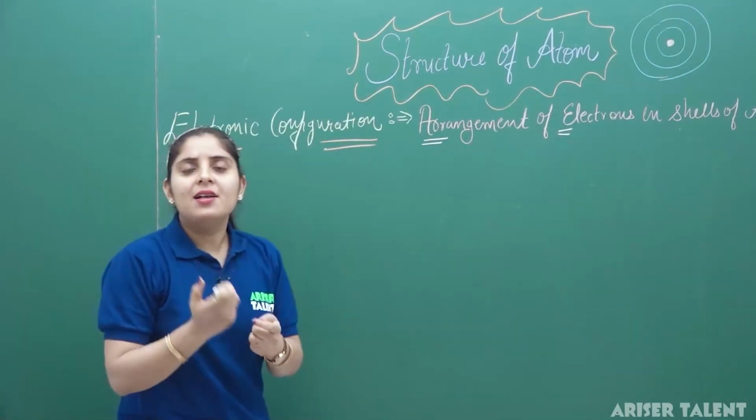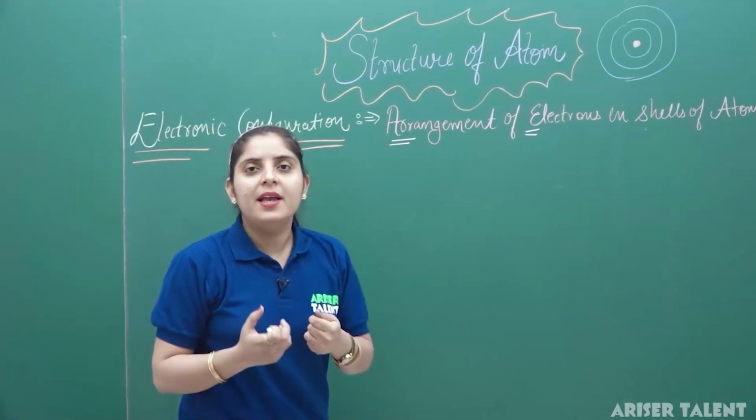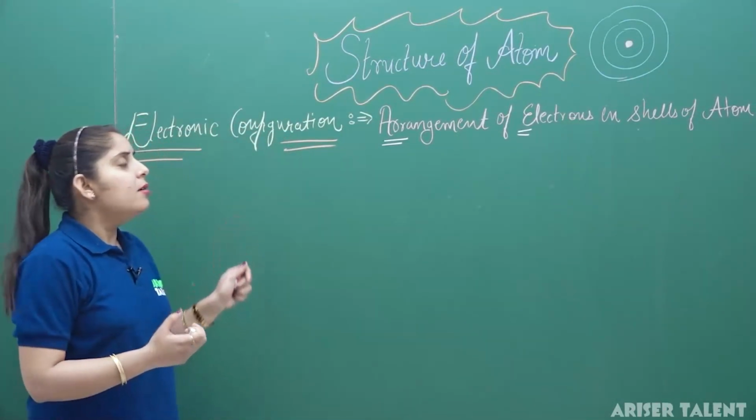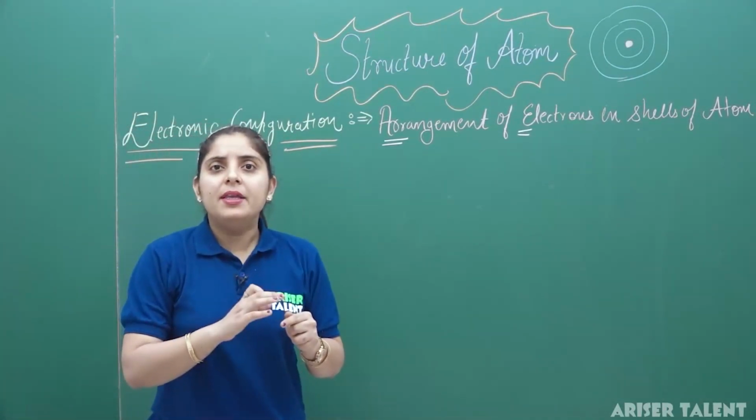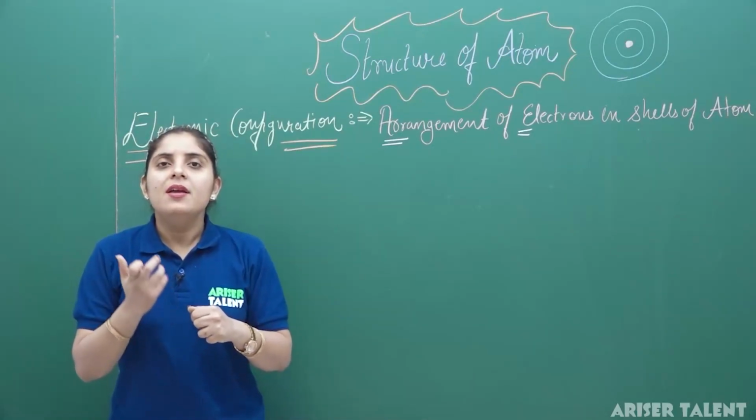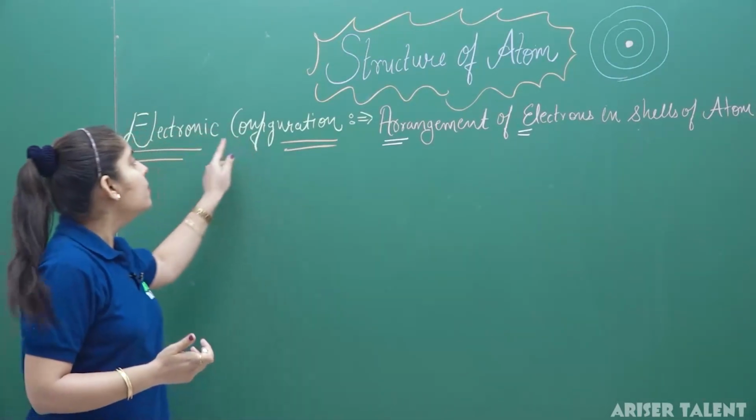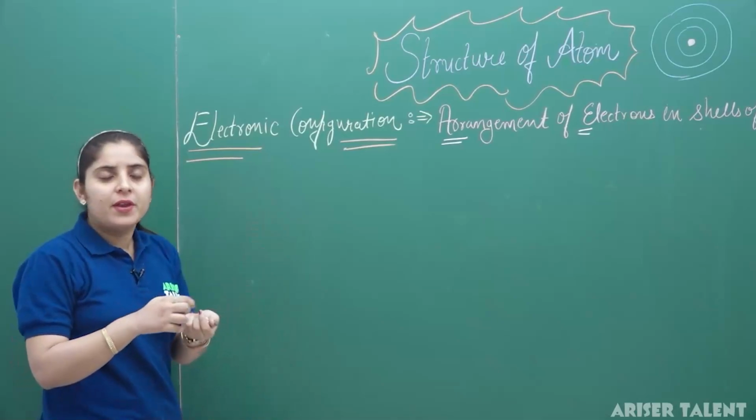Finally, Bohr's model is adopted as a standard model, and Bohr and the scientist named Bury both worked on the atomic model, and they gave certain rules for writing the electronic configuration of an atom.